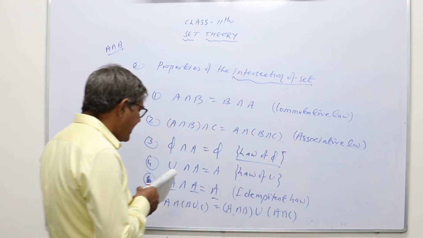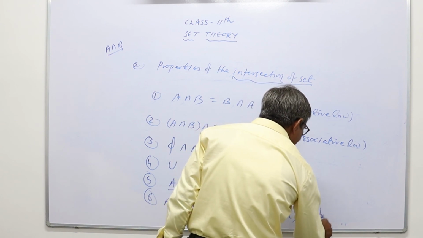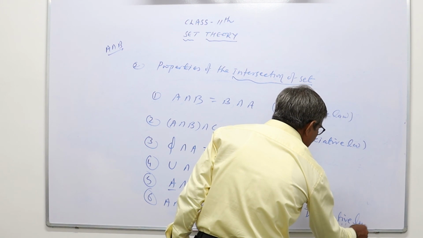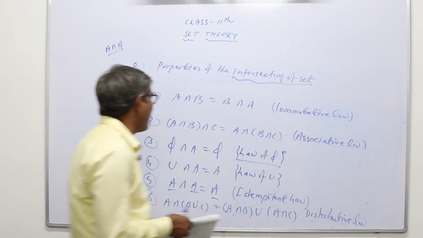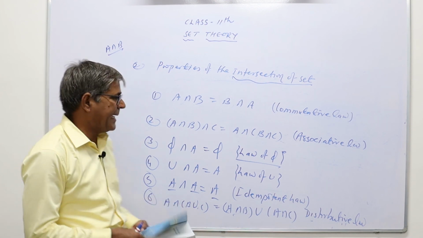This is known as the distributive law. So these are some properties of the intersection of two sets.